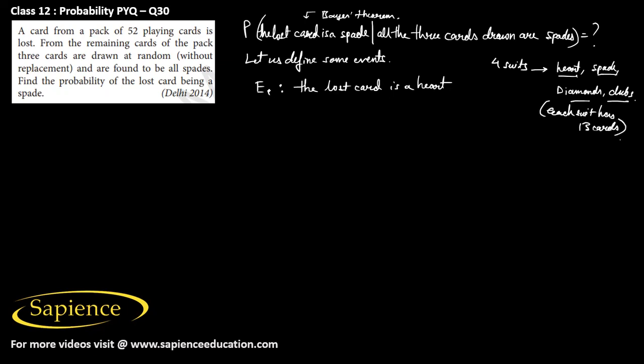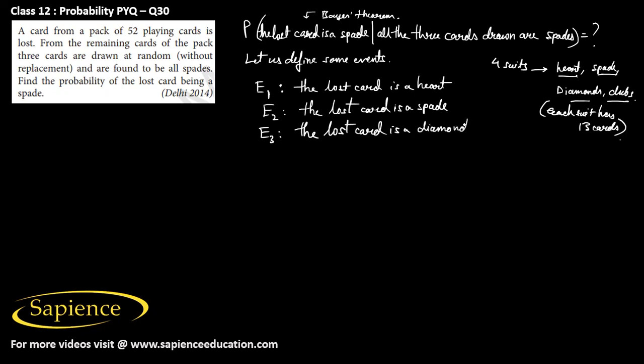So then suppose we define the event E1 as the lost card is a heart. Then we define the event E2 as the lost card is a spade. And we define the event E3 as the lost card is a diamond. And E4 is the event that the lost card is a club.